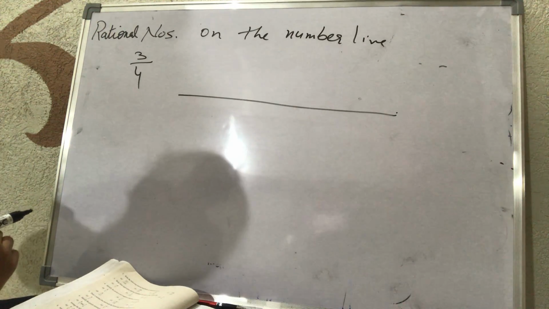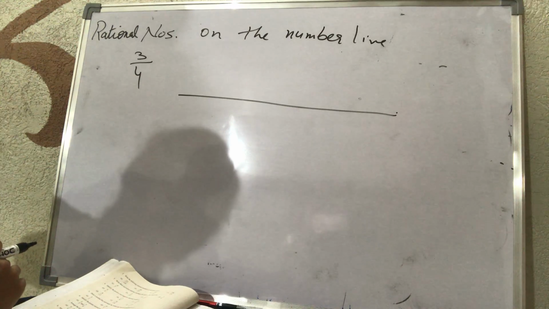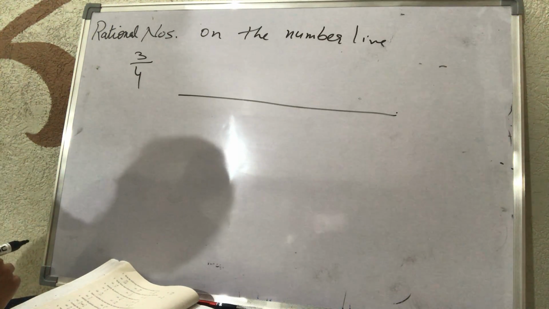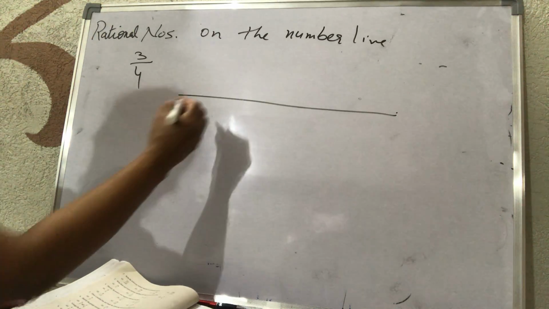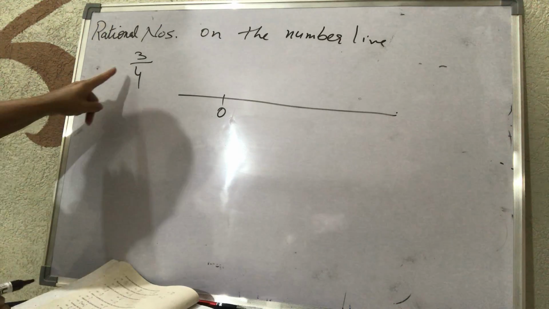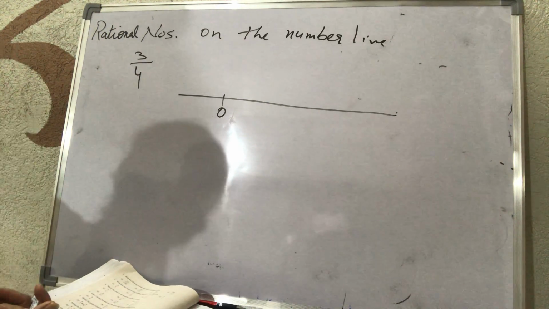So we know on the number line, the positive numbers always lie on the right side of 0, and negative numbers always lie on the left of 0. Suppose this is the number 0, and we have to show 3 upon 4 on the number line. So we will go to the right side of 0.